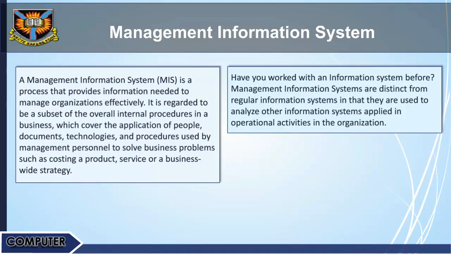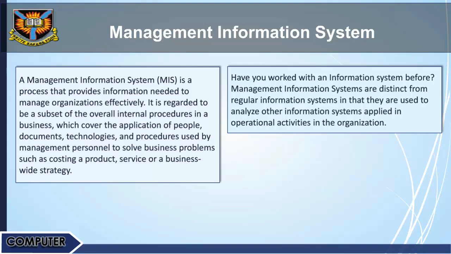A management information system, MIS, is a process that provides information needed to manage organizations effectively. It is regarded to be a subset of the overall internal procedures in a business which cover the application of people, documents, technologies, and procedures used by management personnel to solve business problems such as costing a product, service, or a business-wide strategy.